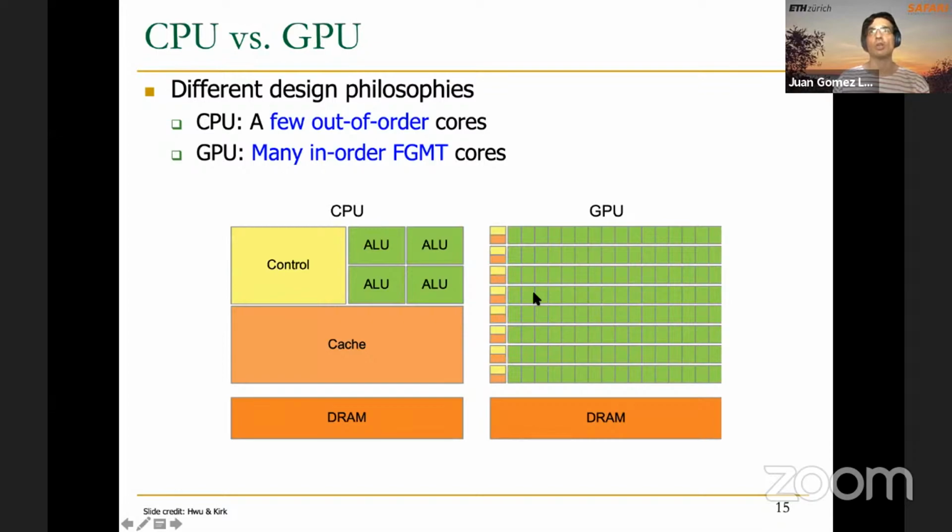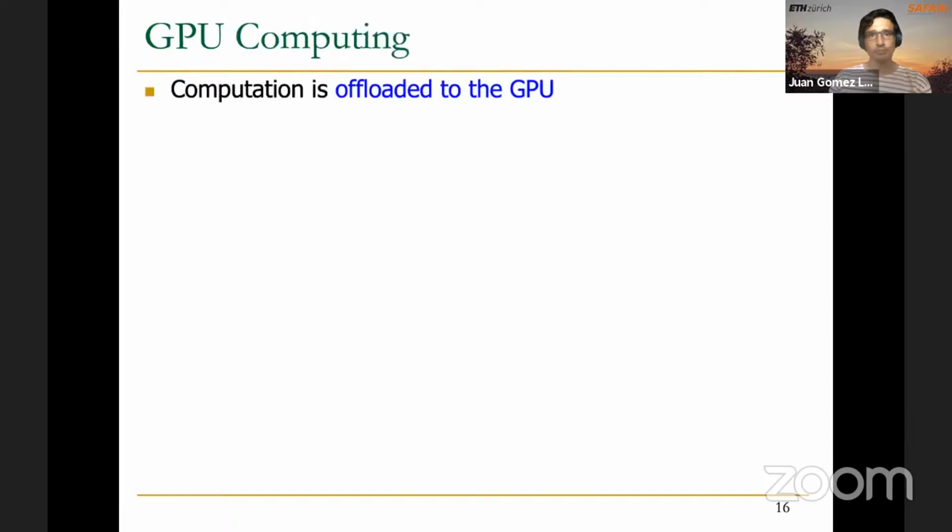It's not the same for the register file. The register file in the GPU cores is pretty large, especially if we compare it to the register file in CPUs. But as I said, we will keep talking about this in later lectures.